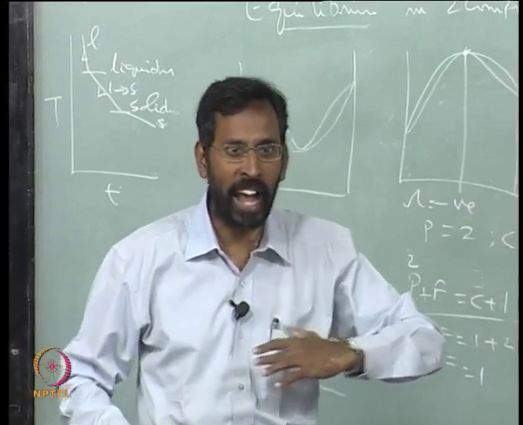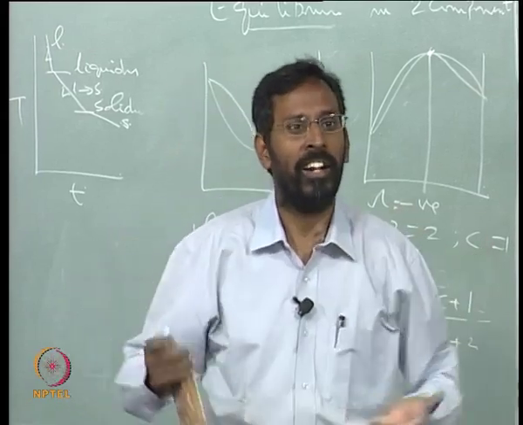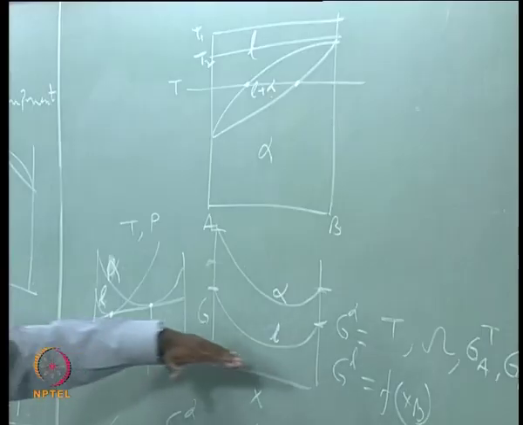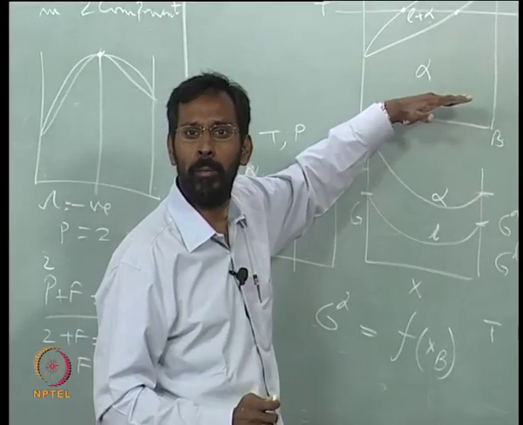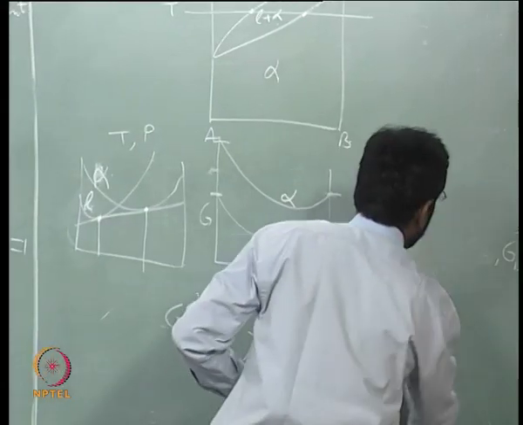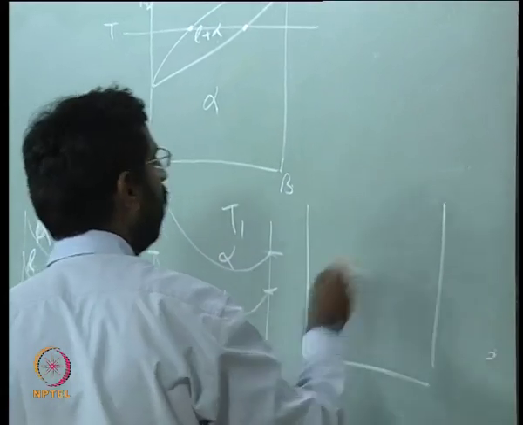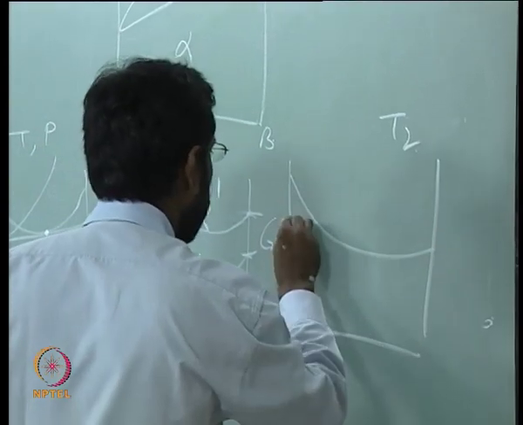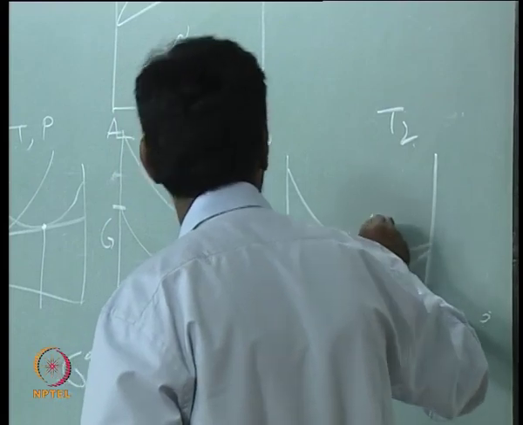So, slowly it is like a catching game. Two fellows are running, the other fellow is running faster, tries to catch up with the other fellow, and exactly that is what happens. So, liquid is going up at a higher pace and alpha is also going up, but at a slower pace, and as a result, if I now draw at T2, if this is at T1, you would see a situation, this would be the situation, liquid and alpha.